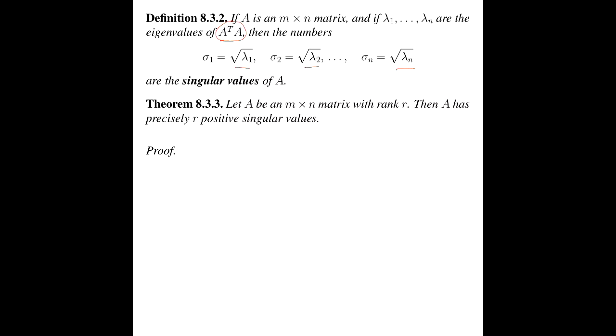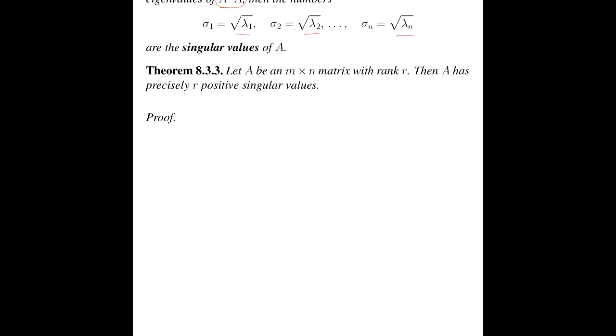Which means the rank of A is R, and the number of positive singular values of A is also R, which means the number of positive eigenvalues of A transpose times A is also R. That's what this theorem says. So let's try to prove it.